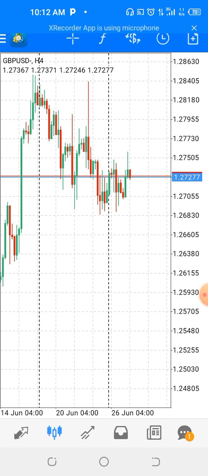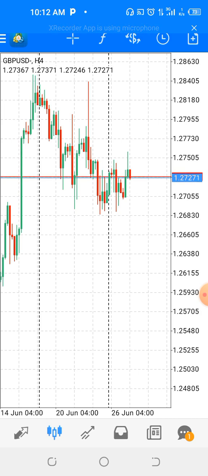Now, what do we do with price action? What do we do with price movement? How do we interpret price movement? How do we make our judgment with the movement of the price? How do we come to a conclusion or determine where price is going?